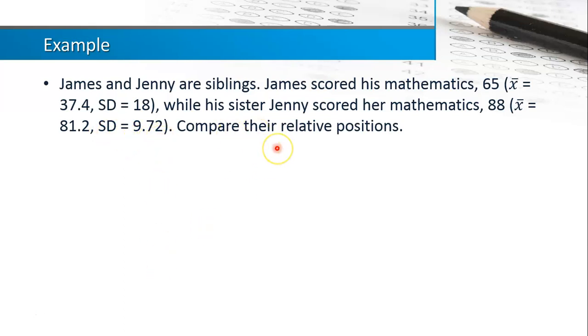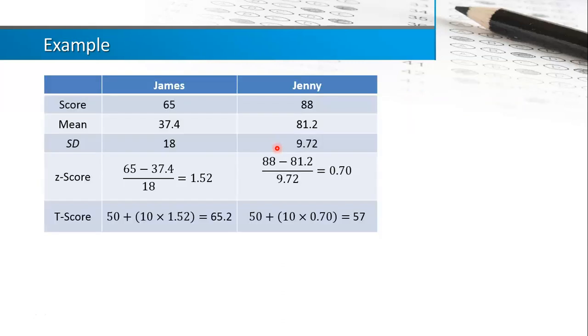So compare their relative position. At first glance we are going to say, oh, James is performing much poorer than Jenny. But it's not fair to compare with Jenny because they are from different classes, different tests, and of course different distributions.